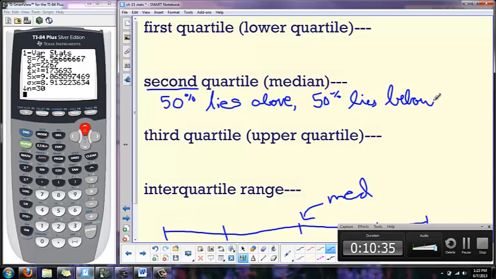Okay? So then we're going to talk about the first quartile. The first quartile is the middle of the lower half.